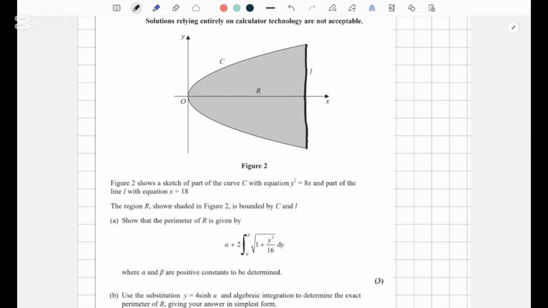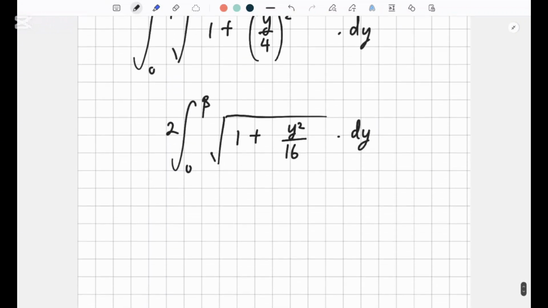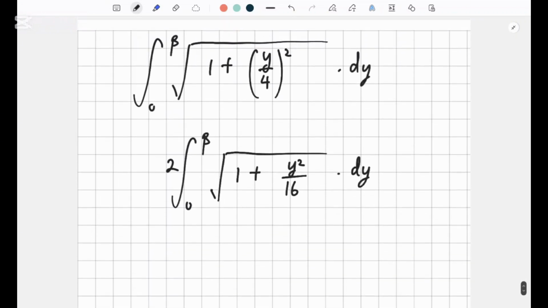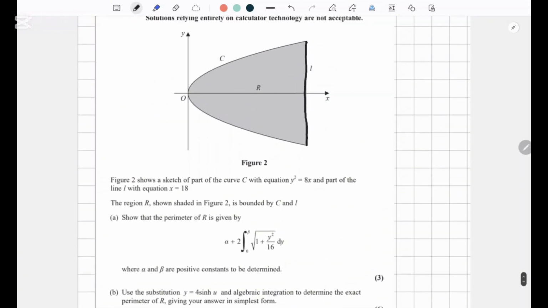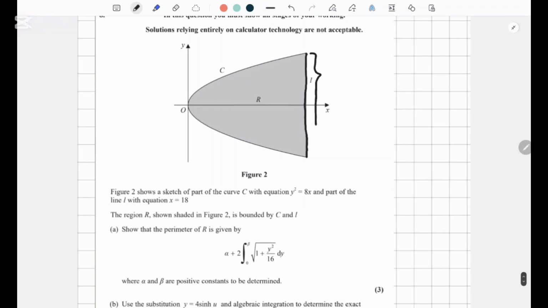We don't know exactly what that length is going to be, so we'll just write it as plus, which is this length. This length is alpha.